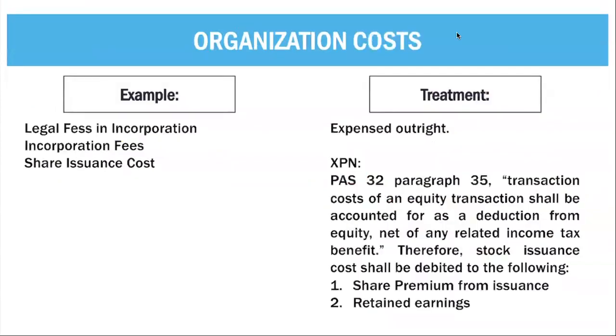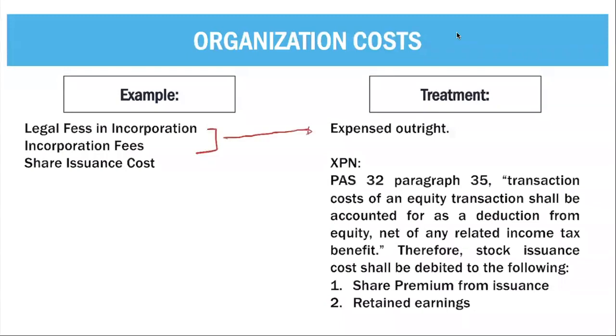Next, organization cost. Examples of organization costs are your legal fees in incorporation, so any fees you pay to your lawyers during the incorporation of a corporation, and incorporation fees paid to the SEC, and share issuance costs or the cost of issuing the shares. So generally, the first two items are expensed outright.